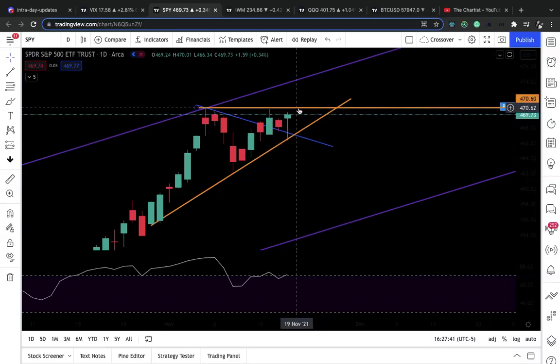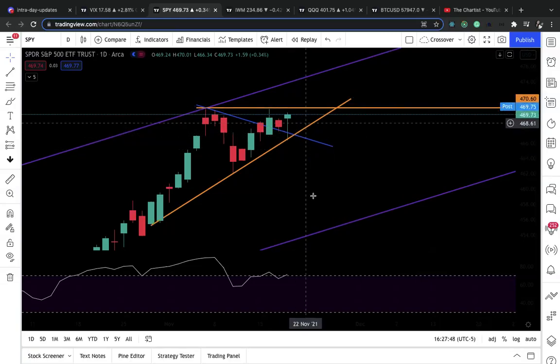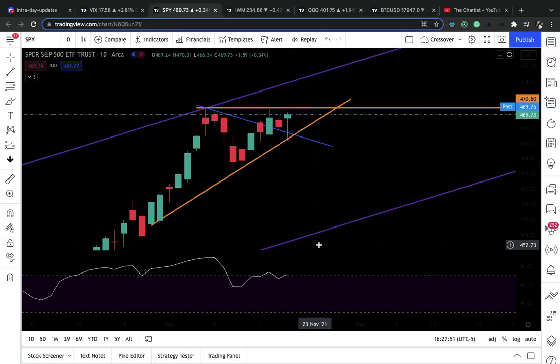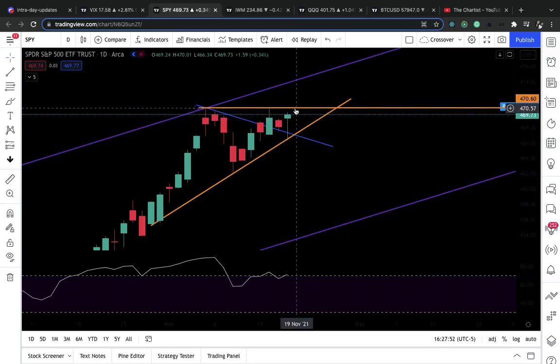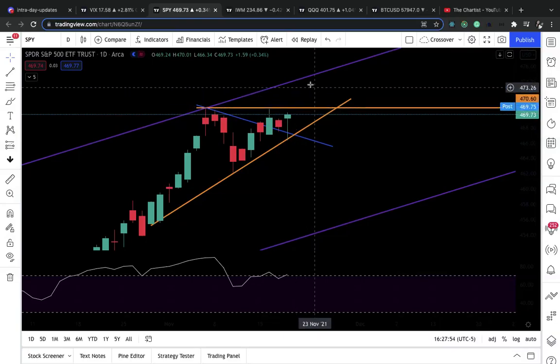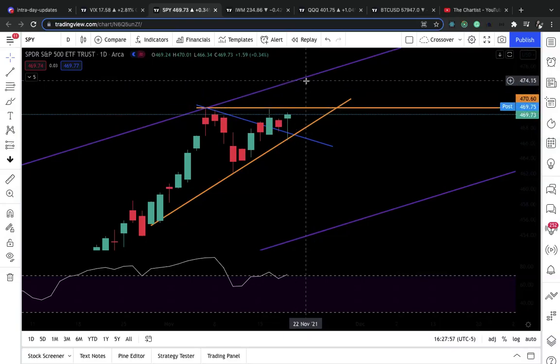But that's why I'm trying to tell you guys right now, the price action is going to guide us either way. So, what do I mean by the price action? If we lose this ascending triangle, I'm switching over to bearish. If we get the breakout of this ascending triangle, my price target is up here, 474. You guys get it? It's just that simple.